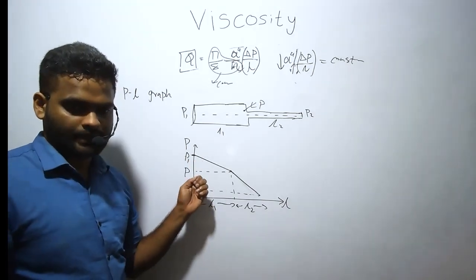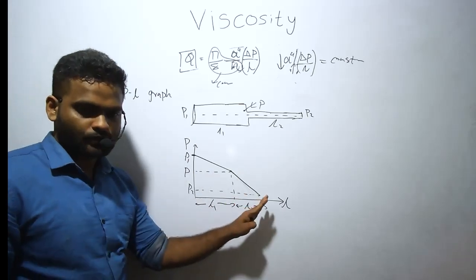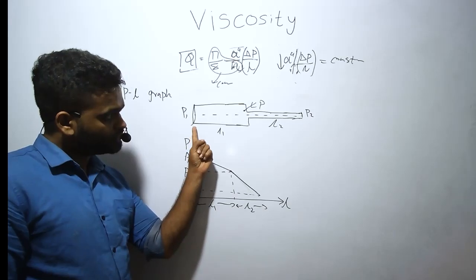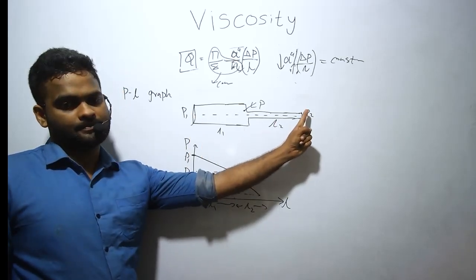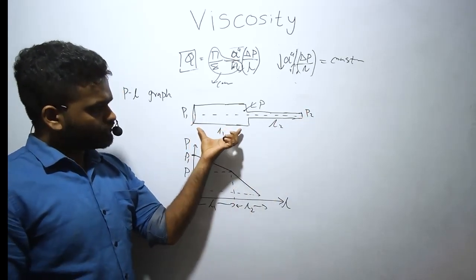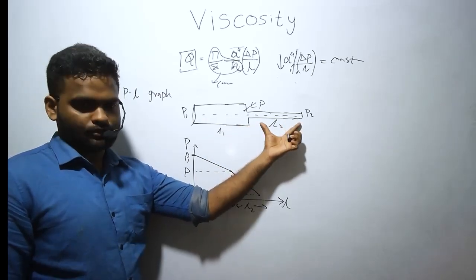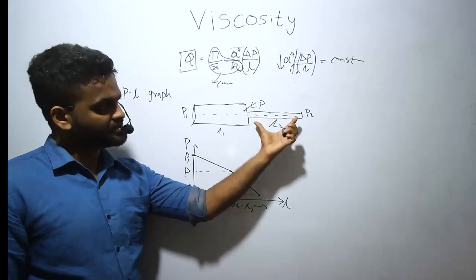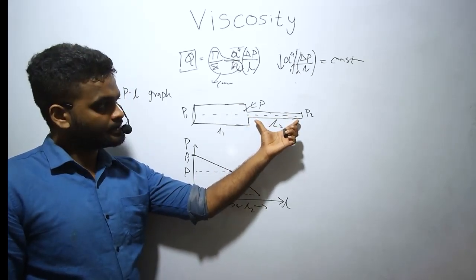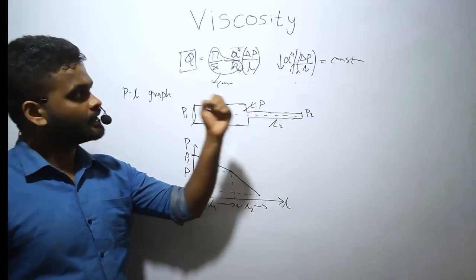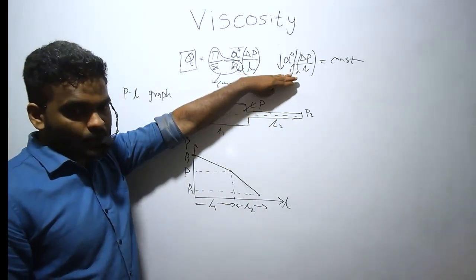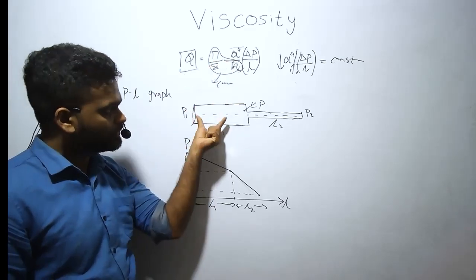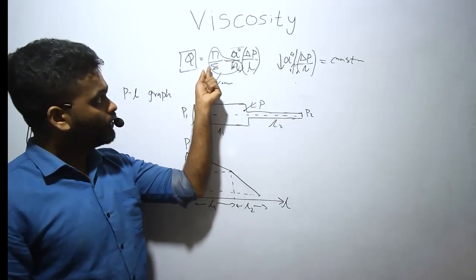I'll explain the graph again, right? So this graph shows the pressure variation along the pipe. Okay. So this is the first tube, this is the second tube. So you have to consider pressure gradient along the first tube and pressure gradient along the second tube. I think with this equation you understand, right? When we compare these two tubes, all these are constants, right?